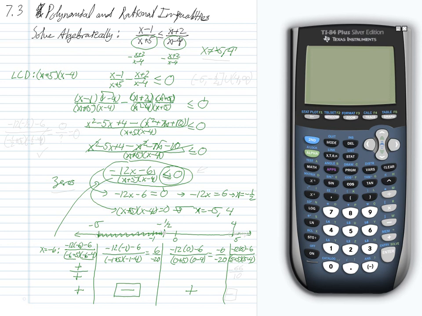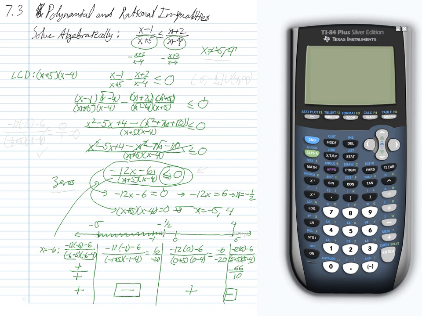So my numerator, negative 12 times 5, negative 60, minus 6, negative 66, over my denominator, 10 times 1. So I get a negative again, and we like negatives.